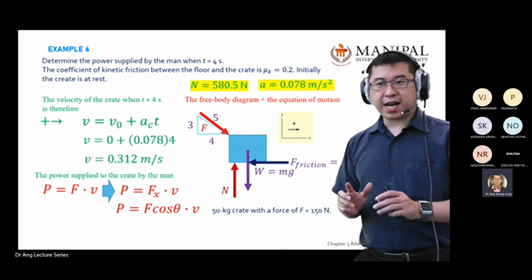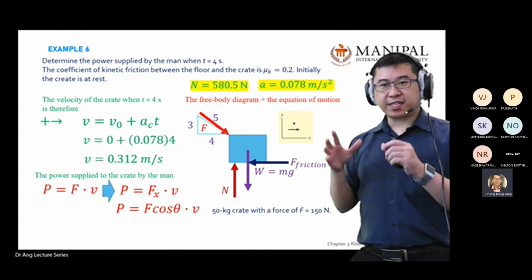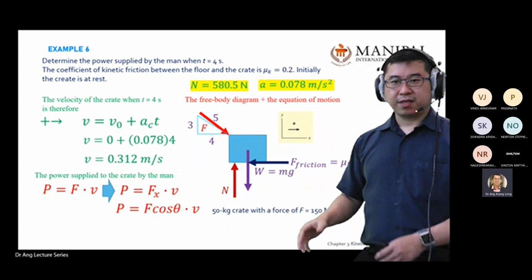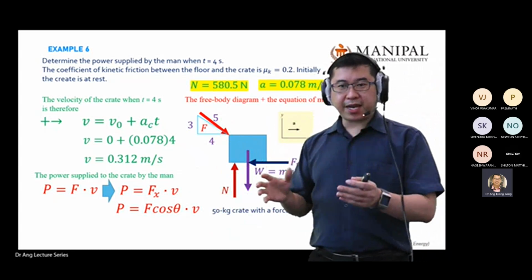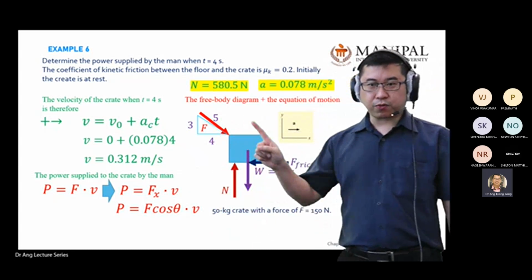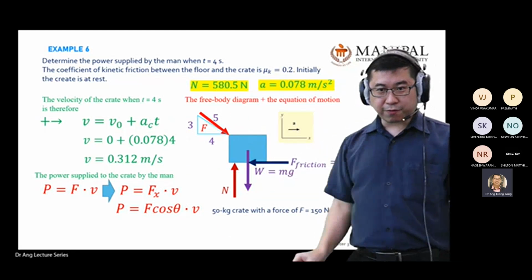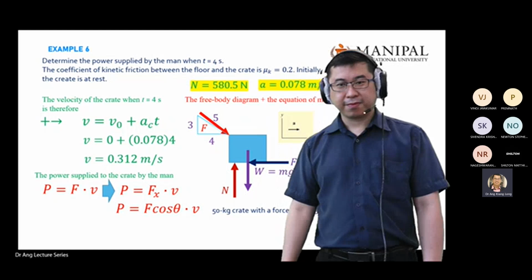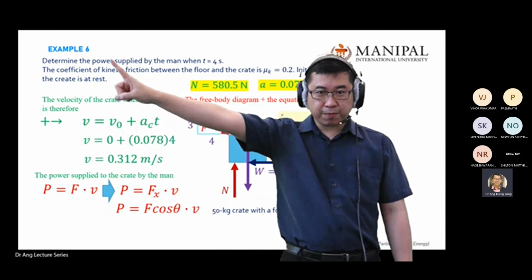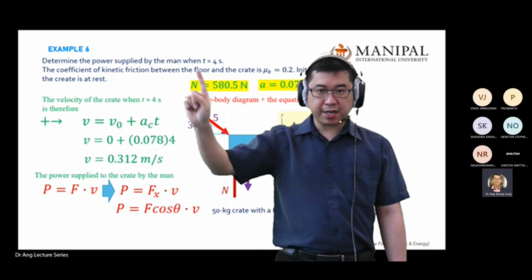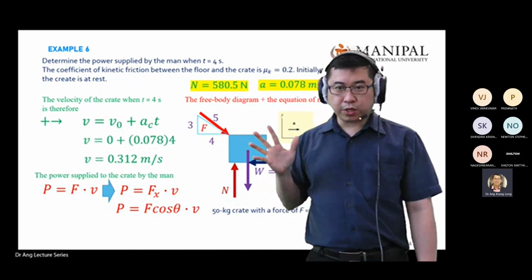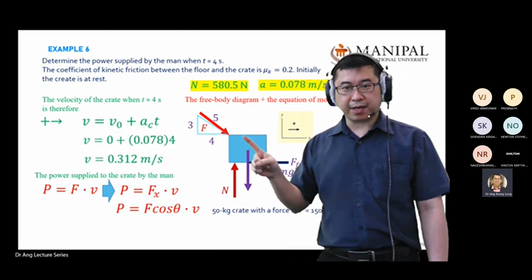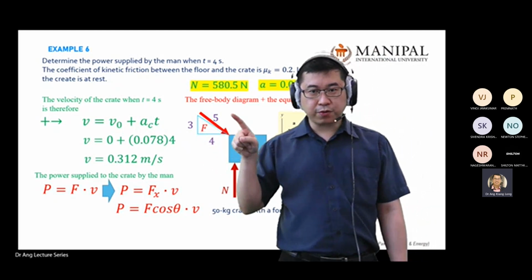If the question asks what is the total power in the system, combining the man and the box, you need to find all the equivalent forces in the system. This question asks for power supplied by the man. So in your free body diagram, what is the force supplied by the man? This one, so you focus on this one.